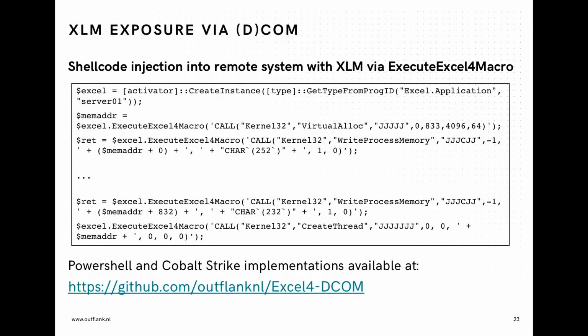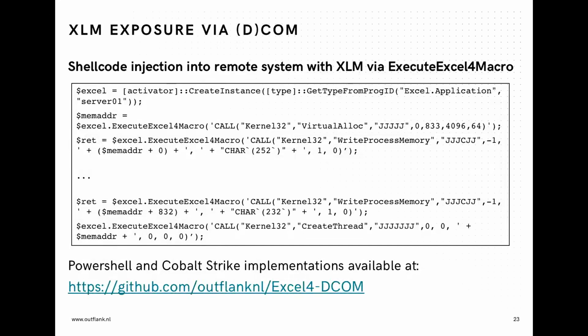Then we have an interface with Excel on that other system, so we're going to use this for lateral movement. By just executing XL4 macro calls that subsequently call Windows API calls, we can now inject shellcode on a remote system without ever touching disk, which is a big plus over many other DCOM-based lateral movement methods that are currently out there. There's one big con.